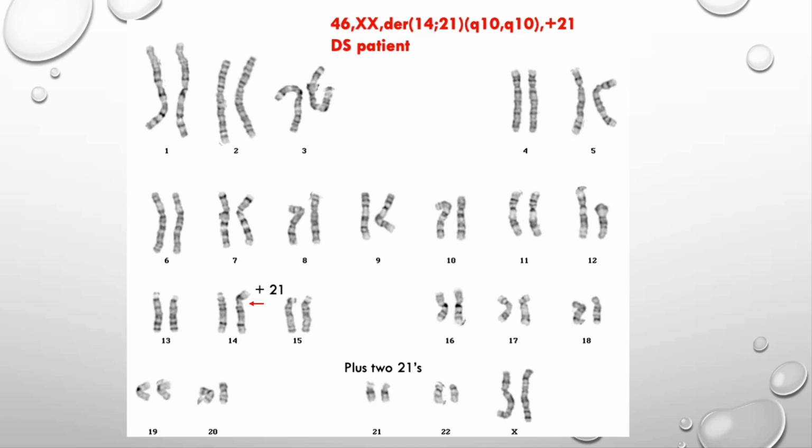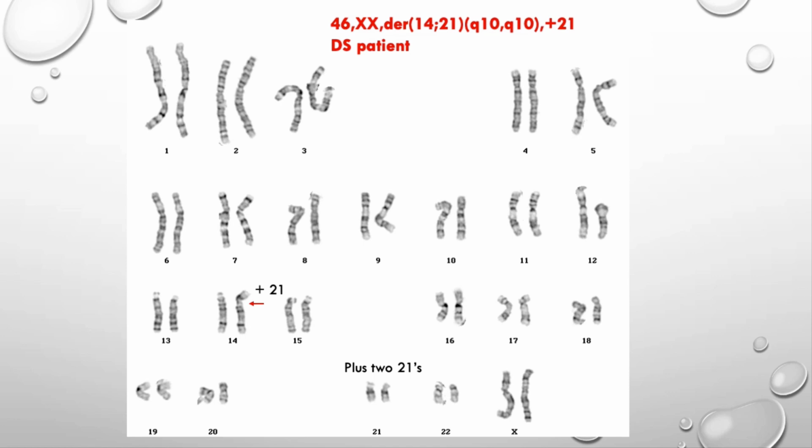Now, this type of situation needs to be looked into, because sometimes the mother may actually have a form of these without having Down syndrome, but can have something that is called a balanced translocation.